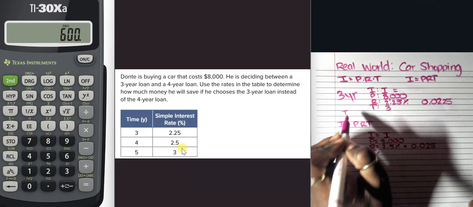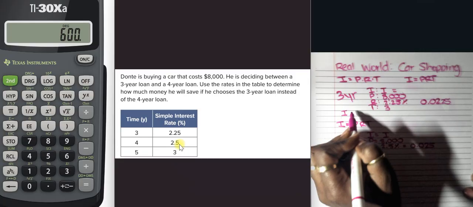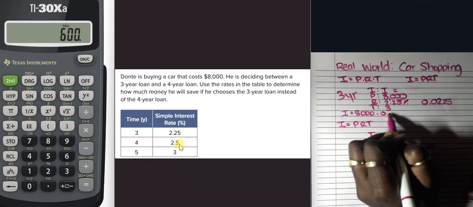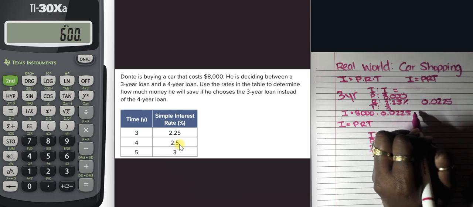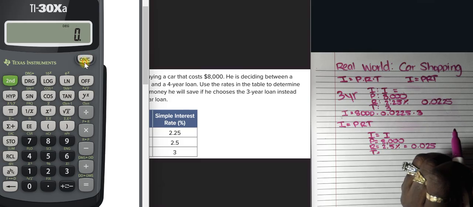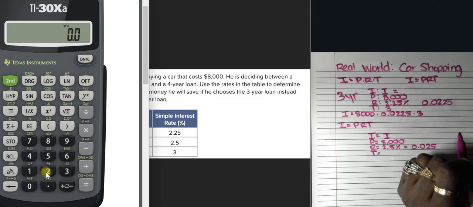So the interest is equal to, remember, you're just multiplying these factors. 8,000 times 0.0225 times 3. And what do we get? So 8,000 times 0.0225 times 3.